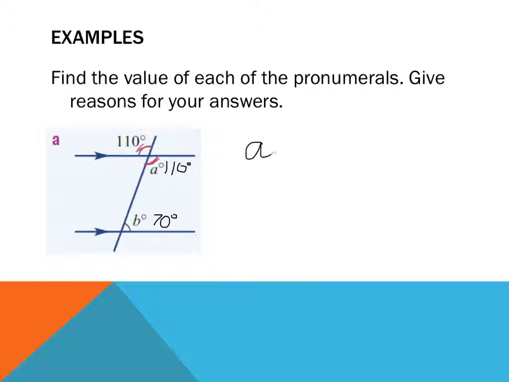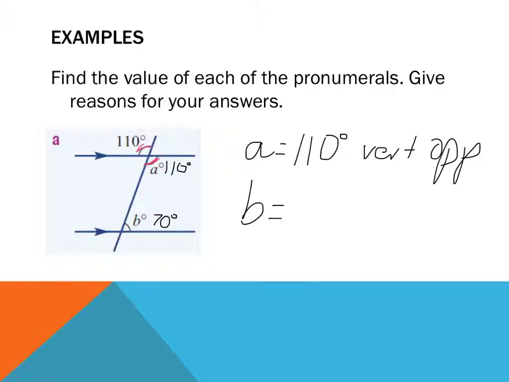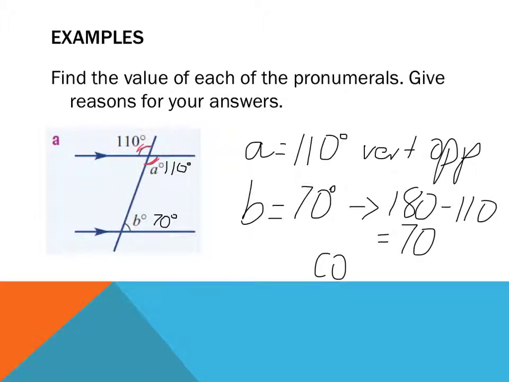So A equals 110, reasoning: vertically opposite angles are equal. B equals 70 degrees because 180 minus 110 equals 70, due to co-interior angles being supplementary. Okay, does that make sense? Sometimes you're not only required to give the answer, but you're required to give the reason.